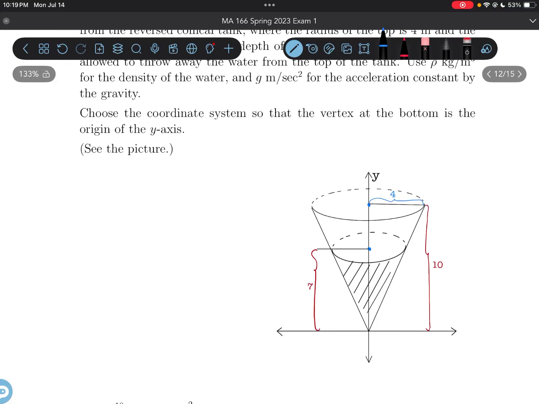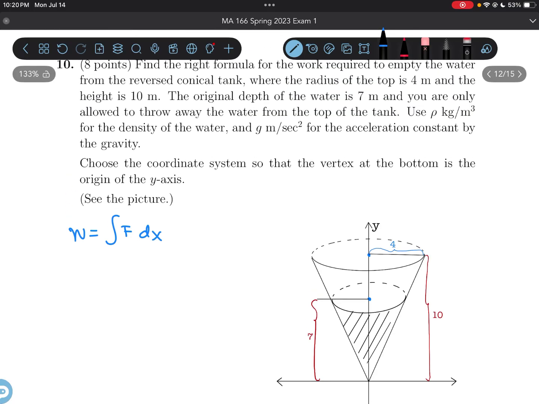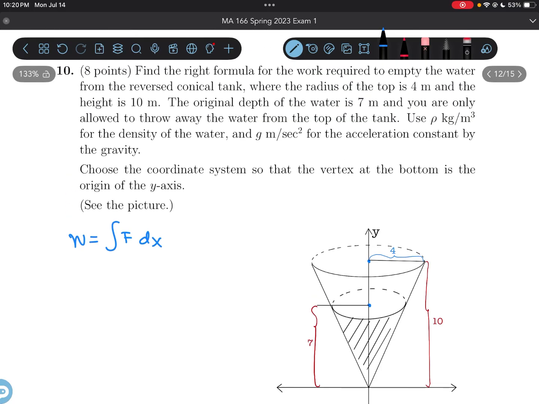Okay. So the formula for work is the integral of F, so force, times dx. Basically, how we can think about emptying this tank is we can think about lifting each layer or thin slice of water. So we take the weight of that and then we multiply by the distance we need to move that water to find the work for each individual segment.